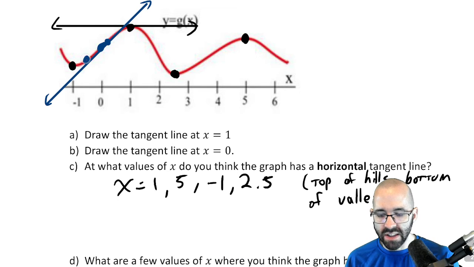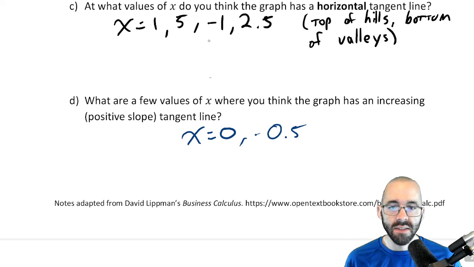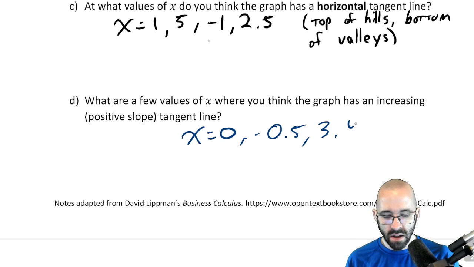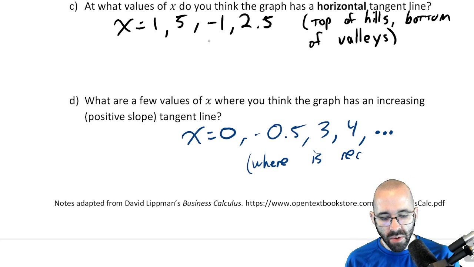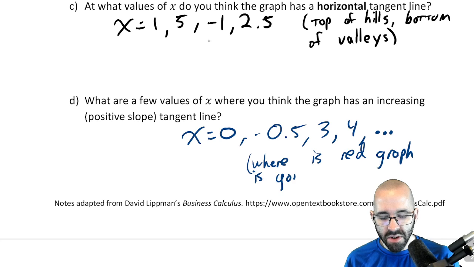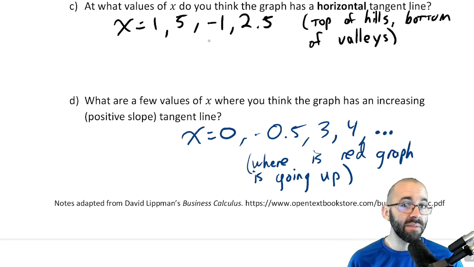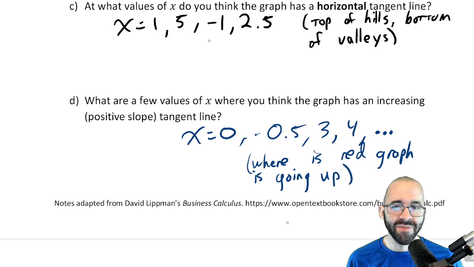The function will be increasing right here. We could say 4, we could say 3. The function is going to have increasing tangent lines at all these places. There's infinitely many. And what we'll look for, it has an increasing tangent line where the red graph is going up from left to right. And that'll be a big theorem that we'll talk about later in this chapter too.